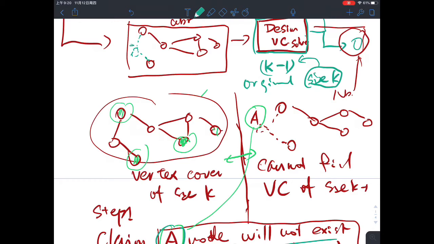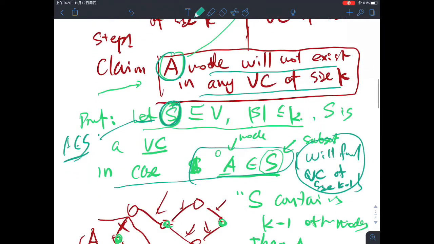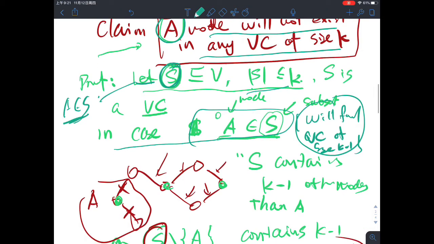The second oracle call really just says that if A is deleted, I'm not able to find any vertex cover of size K minus 1. But with the assumption that A is in some vertex cover of size K, I'm able to construct a vertex cover of size K minus 1 on the graph in which the node A is deleted, right? So this leads to a contradiction.